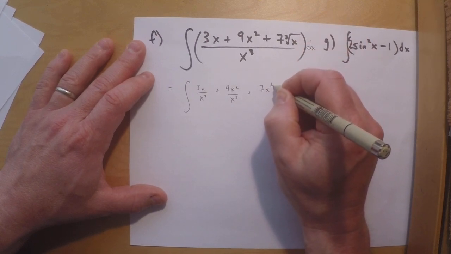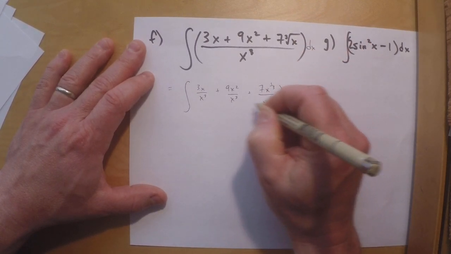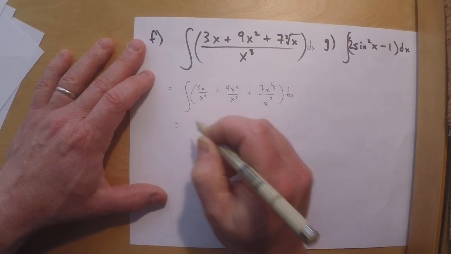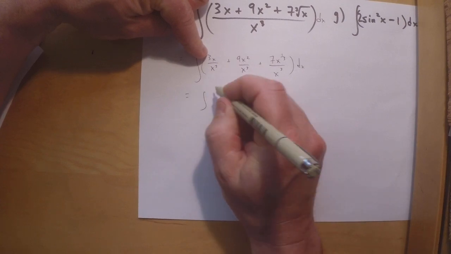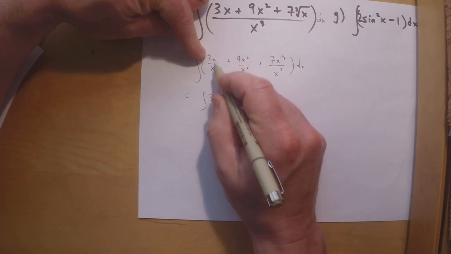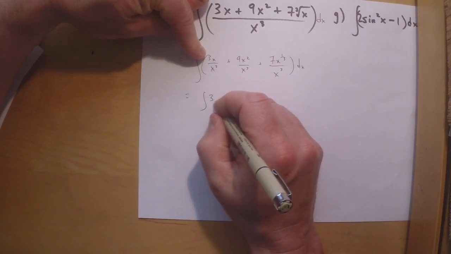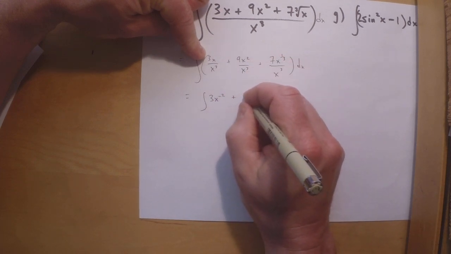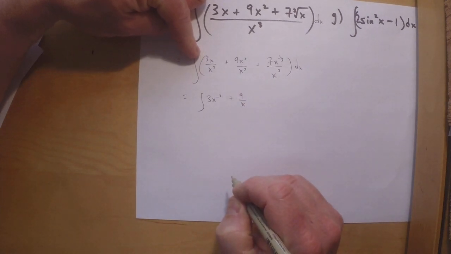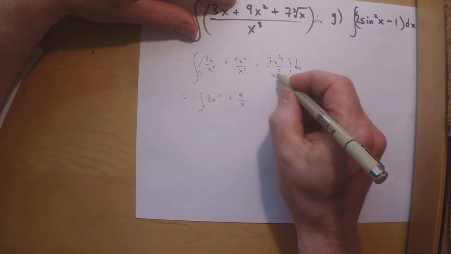I'll make that into a power. And then clean this up. So I still haven't done any antiderivatives yet. I'm just cleaning it up. So this will be 3, and then x over x cubed would be x squared on the bottom, so it'll be -2 power. Here that would cancel out to give me 9 over x, or x to the -1.